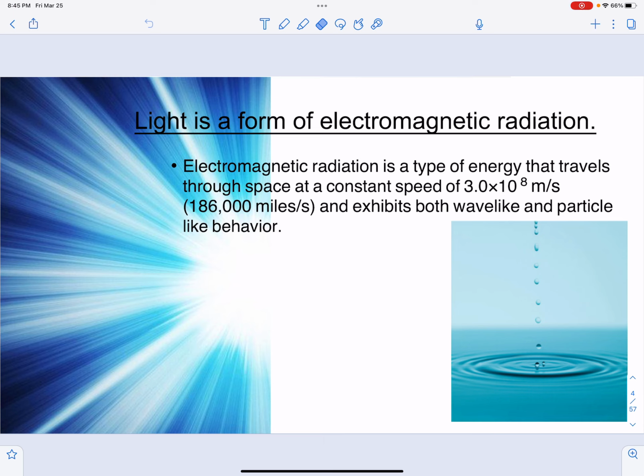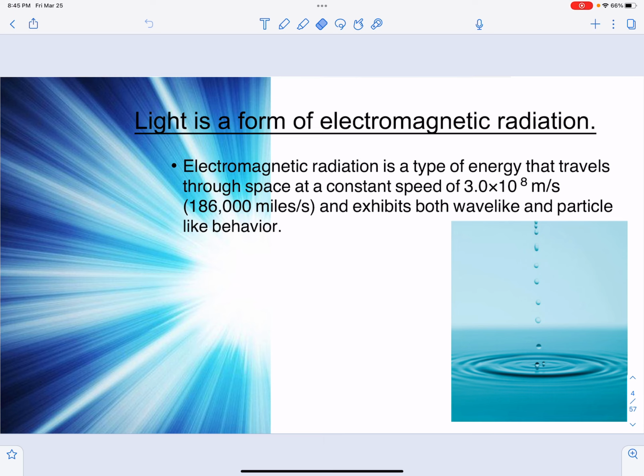So we talk about energy like heat and all that. So electromagnetic radiation is another type of energy that travels at the speed of light, which is 3.0 times 10 to the 8 meters per second, which is the same as 186,000 miles per second. That's extremely fast. It's the speed of light, right?